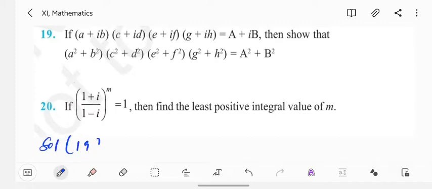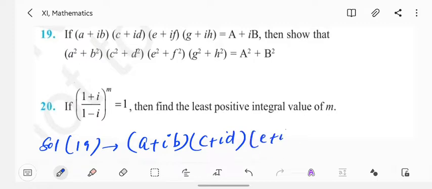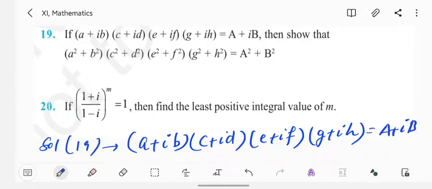Solution of 19. It is given that a plus ib, c plus id, e plus if, and g plus ih is equal to a plus ib. And they want a square plus b square.